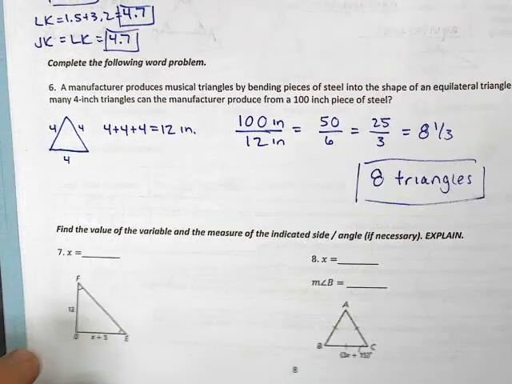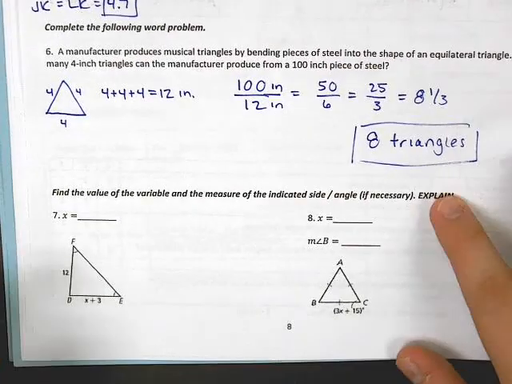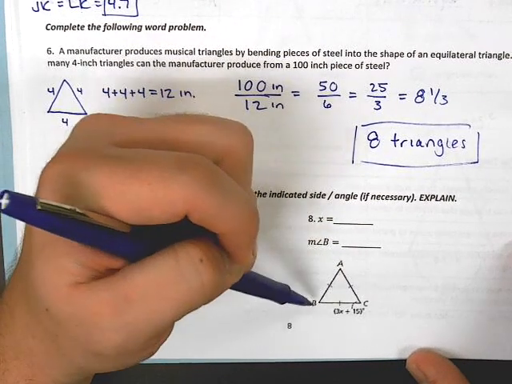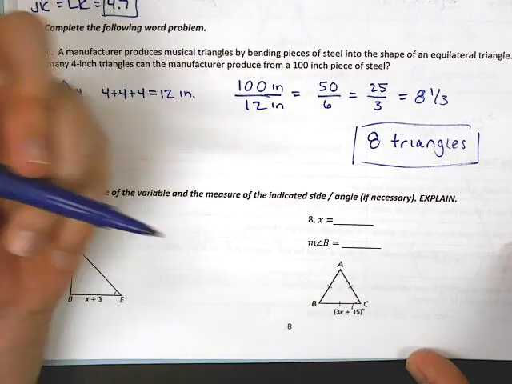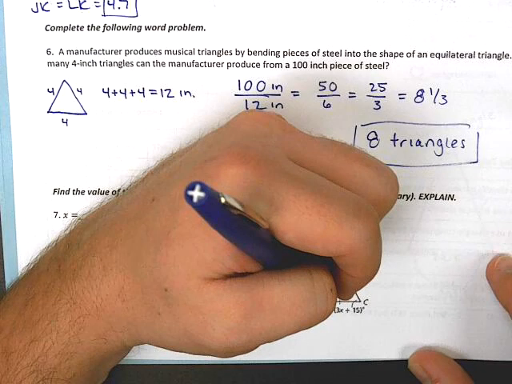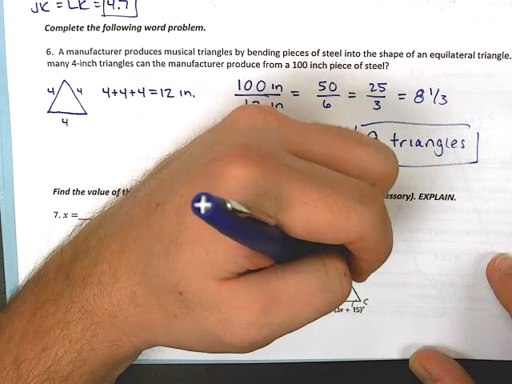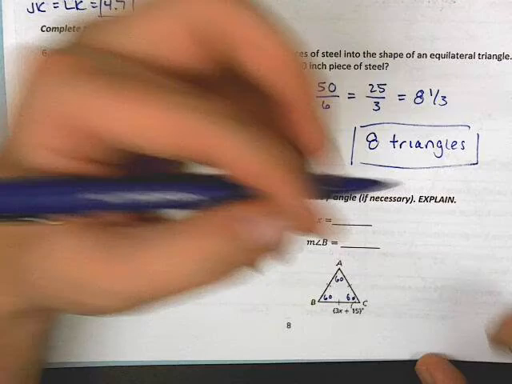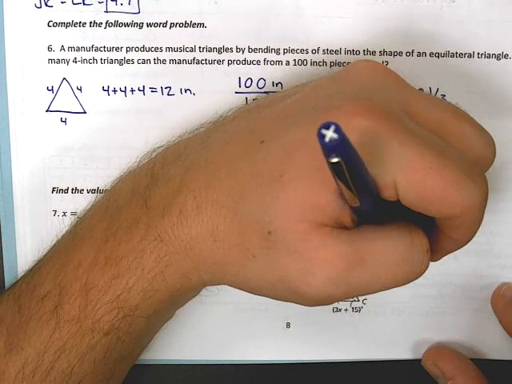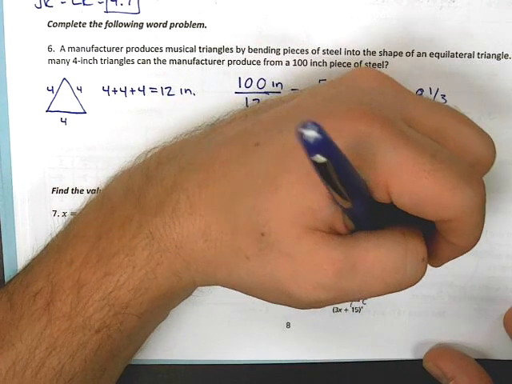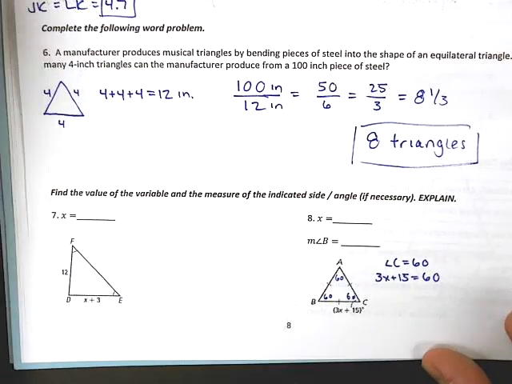Okay? All right. So in this picture, we have an equilateral triangle, which means we know that every angle should be 60 degrees. All right? And if that's the case, then I can say that angle C has to equal 60, or 3x plus 15 has to equal 60.